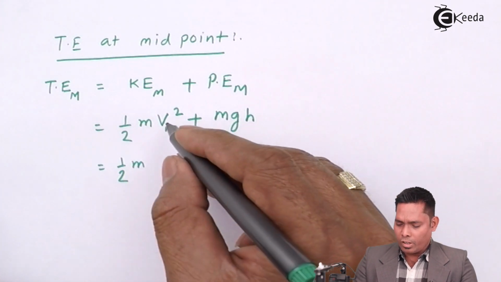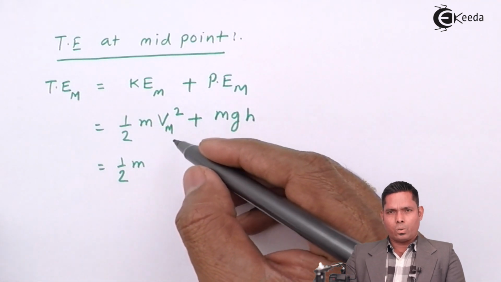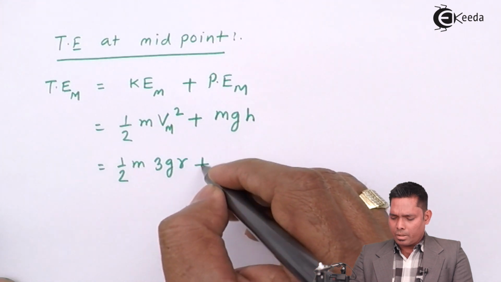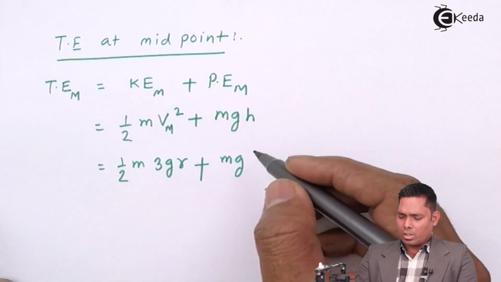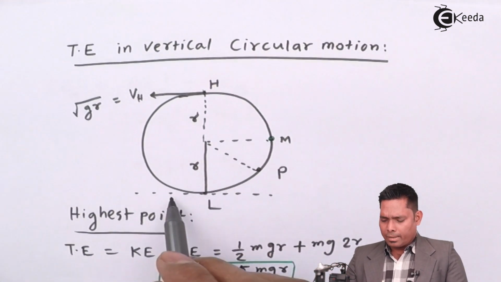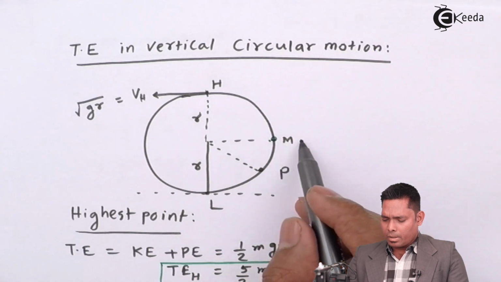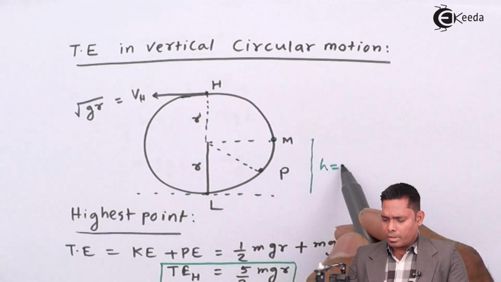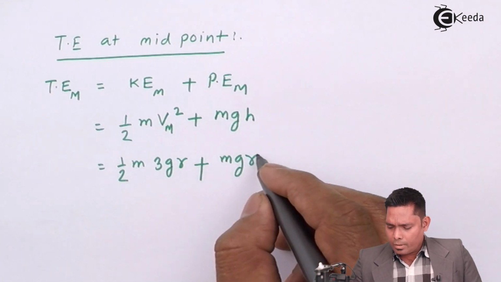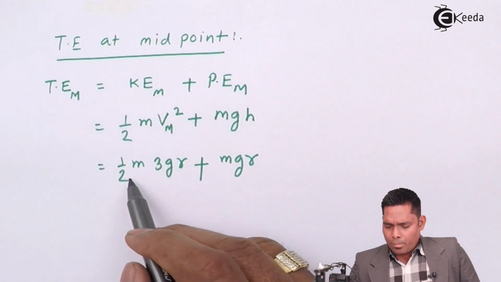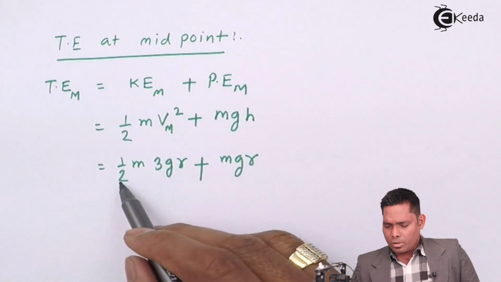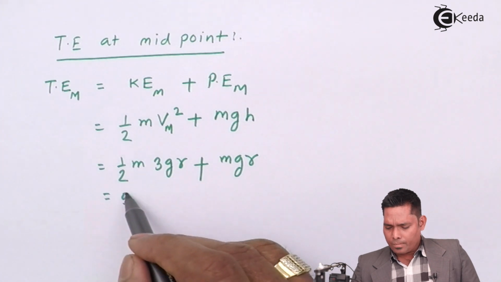The minimum value of Vm is under root of 3gr, squaring it gives 3gr, plus mgh. h is the height of that point from the lowest point, the vertical distance, which is equal to the radius of the path, r. You can see here 3 by 2 mgr plus mgr, so this is 2 plus 3, 5 by 2 mgr.